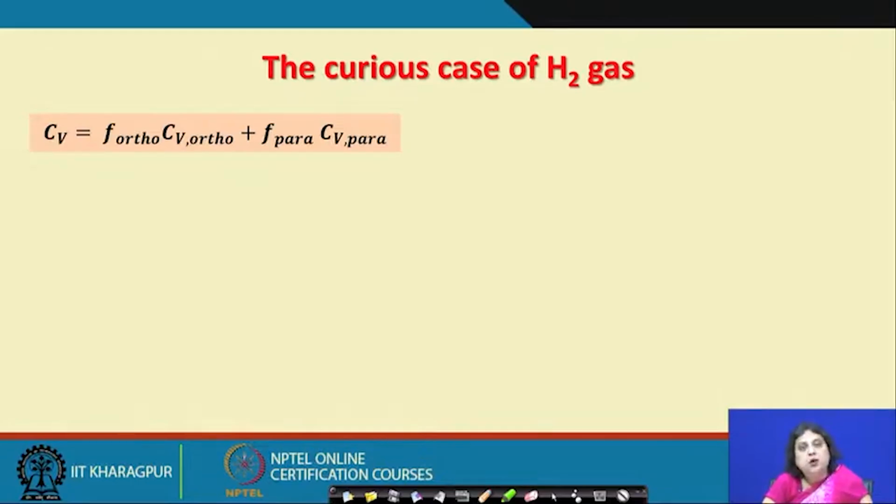to be the overall specific heat of molecular hydrogen gas present at a given temperature confined within a volume. So, as you see, that would be given by the fraction of the ortho hydrogen multiplied by whatever is the prediction of CV for the ortho hydrogen as obtained from the Q dot nuclear, plus the corresponding quantity from the para hydrogen.